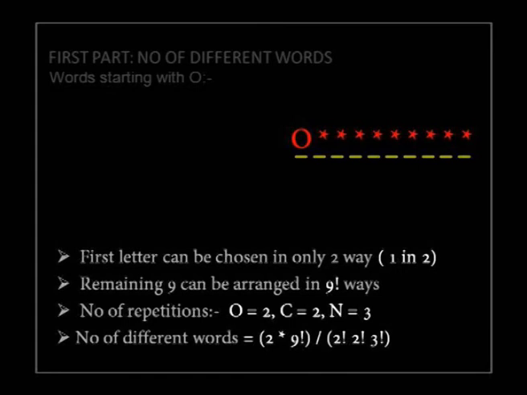There are 2 possibilities. The remaining 9 letters can be arranged in 9 factorial ways. So the expected answer should have been 2 into 9 factorial. But because there are repetitions, the answer is going to be 2 into 9 factorial divided by 2 factorial into 2 factorial into 3 factorial.